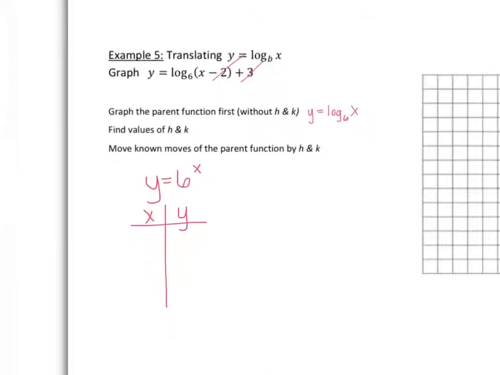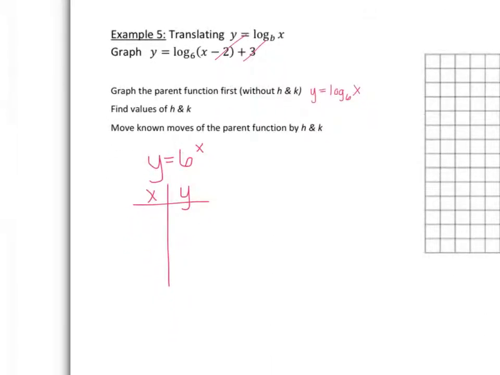So let's plug in 0, 1, 2. Let's stop there because it's going to get really high. If I plug 0 into this, what do I get? 1. If I plug 1 in, I get 6.